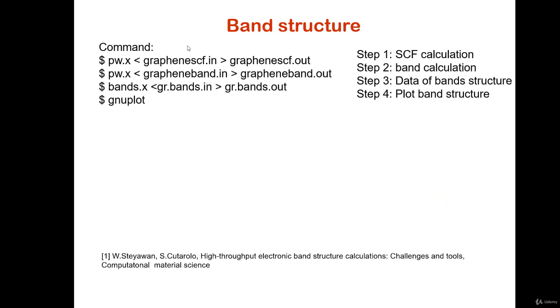To do band structure calculation for graphene, we do 4 steps. The first step is self-consistent field calculation. We did it before. To do band structure calculation, I mean the second step, we do this.